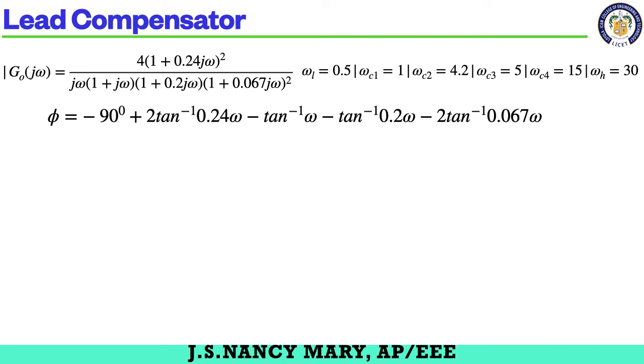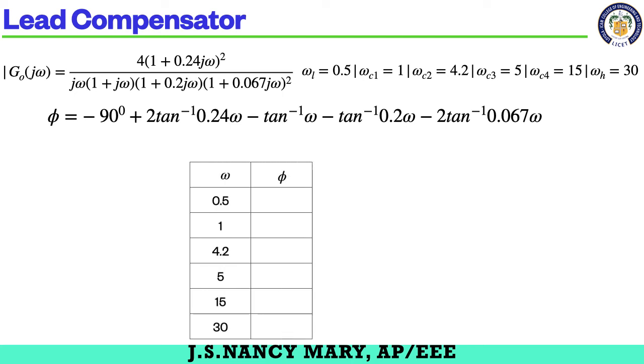So like this: minus 90 plus 2 tan inverse of 0.24 omega, again minus tan inverse of omega, minus tan inverse of 0.2 omega, minus 2 tan inverse of 0.067 omega. For all the frequencies, I need to find out the phase value. So minus 112, minus 127, minus 148, minus 150, minus 181, 89, and minus 221.